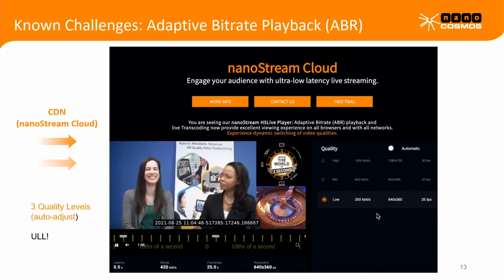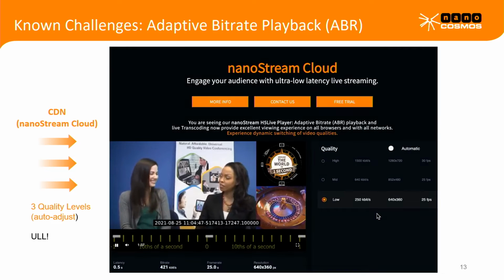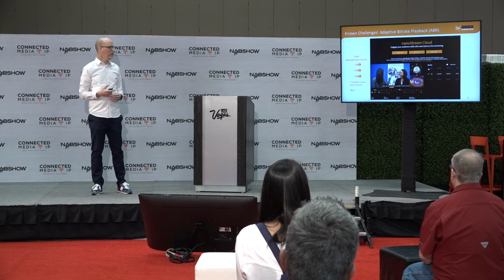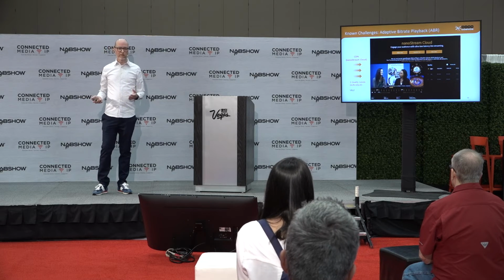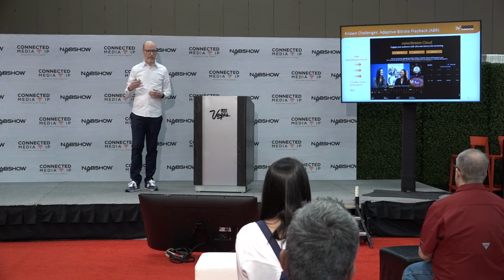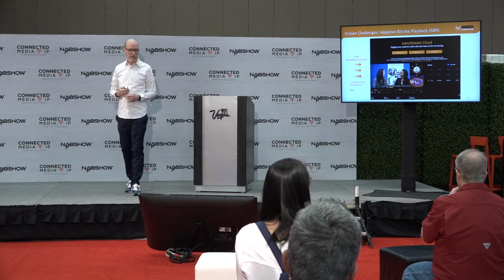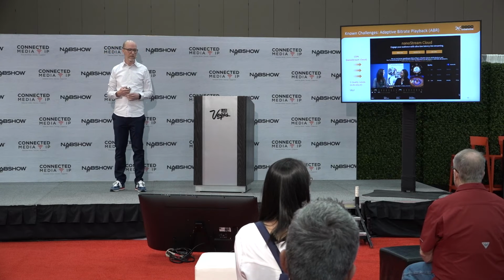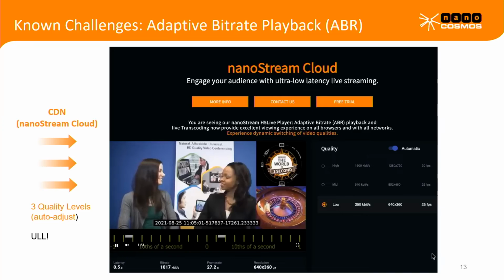This creates a lot of challenges on the delivery side. One known challenge is the adaptation to the bitrate and to the available network on the device you are using. So when you would send an HD stream, 4K stream, whatever, to the cloud, and you would like to play that back on a 3G network, that doesn't work, so you need to adjust the quality levels to the right network delivery side, and that's usually done by adaptive bitrate playback and based on live transcoding, which is a service part of the platform.